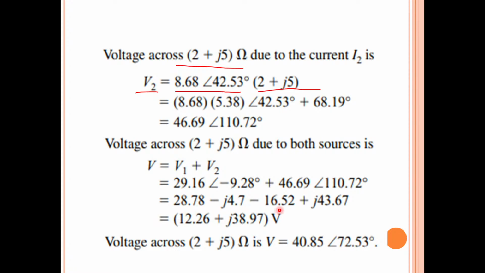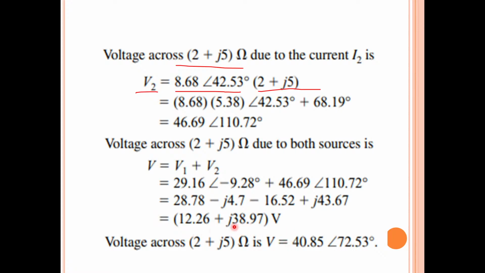Now add the real values and imaginary values separately. 28.78 minus 16.52 gives 12.26, and minus 4.7j plus 43.67j gives j38.97 volts.